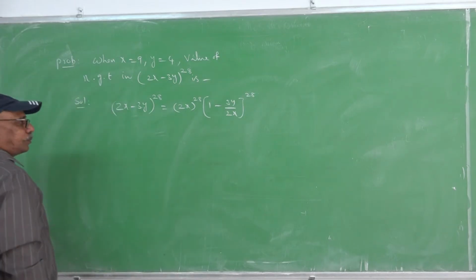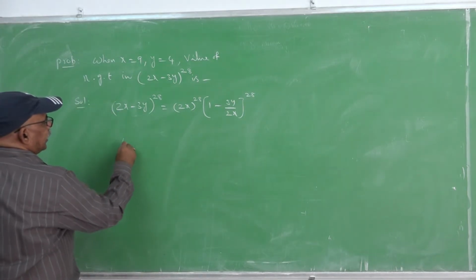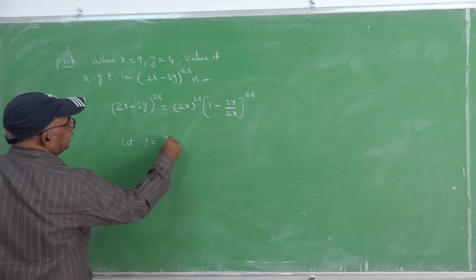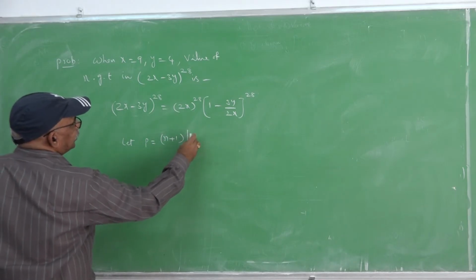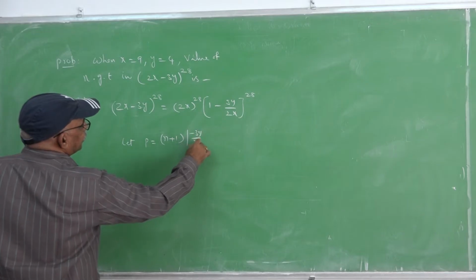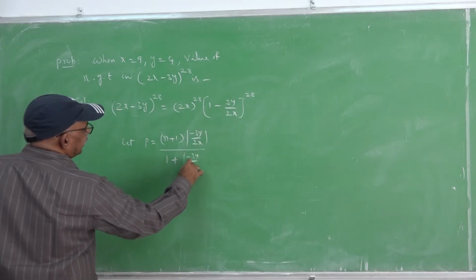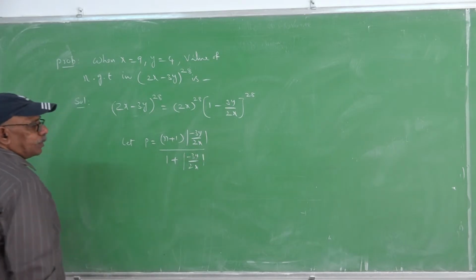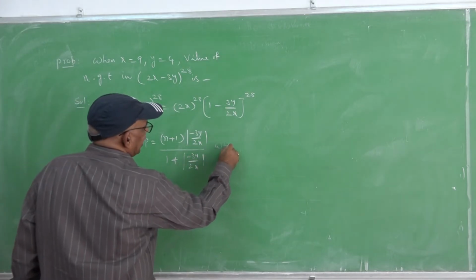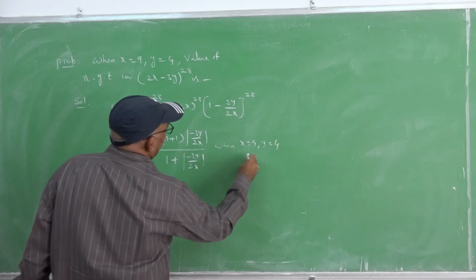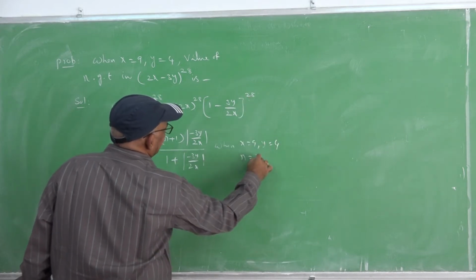So let p stand for (n+1) modulus of (-3y/2x) divided by 1 plus modulus of (-3y/2x), where given x is 9, y equals 4 and n, the index, is 28.